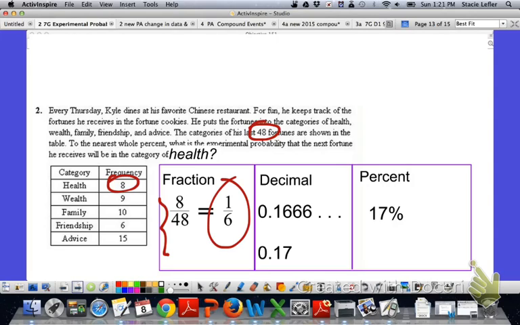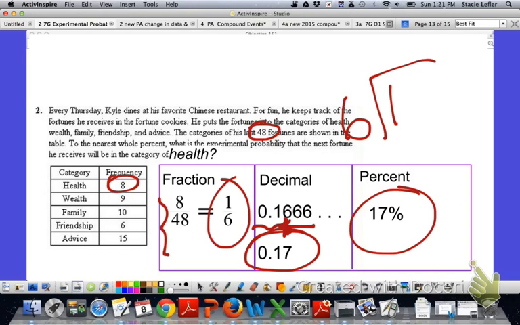When you divide numerator by denominator, 1 divided by 6, you find it's 0.16 with 6 repeating. Rounded to the nearest hundredths, 2 places out, like 100 pennies in a dollar, is 17 hundredths. As a percent, 17%.